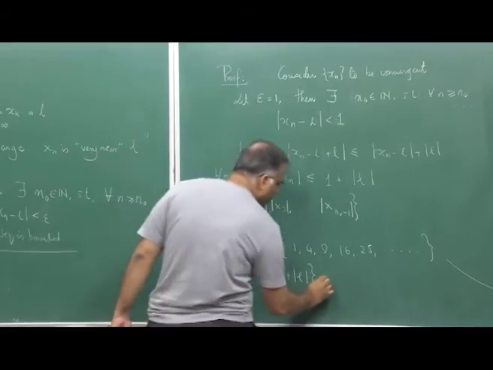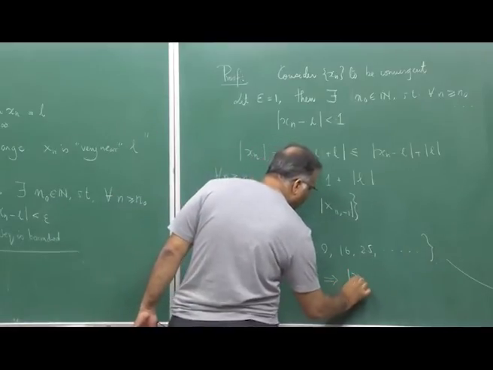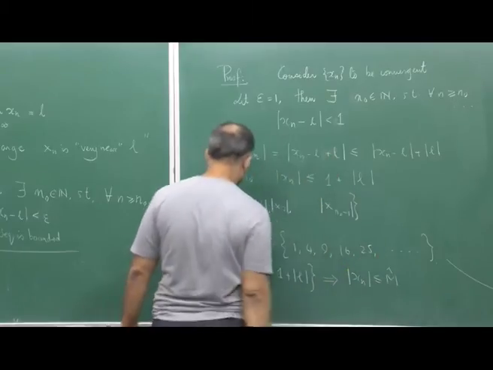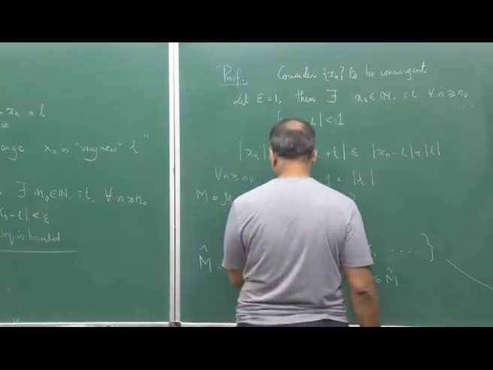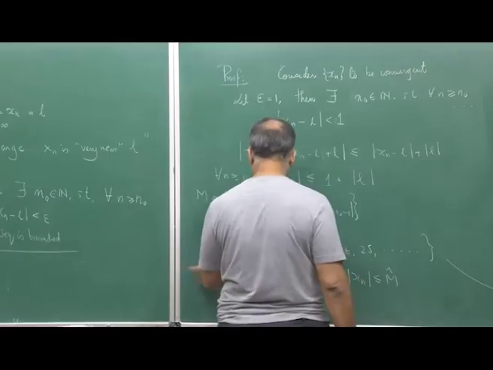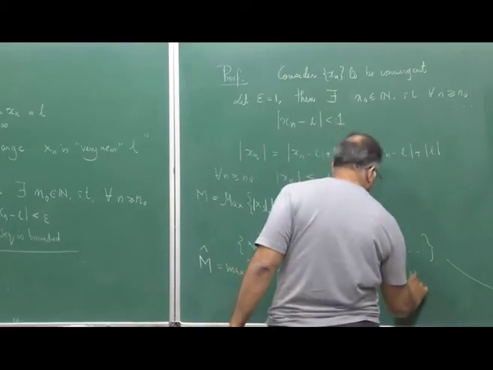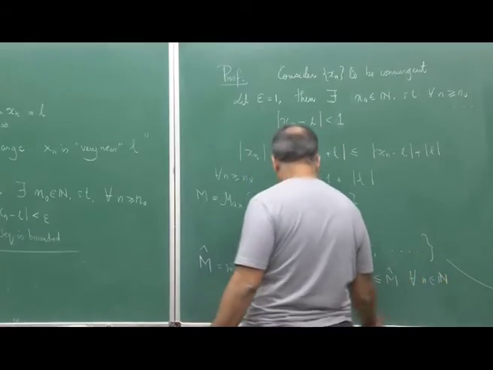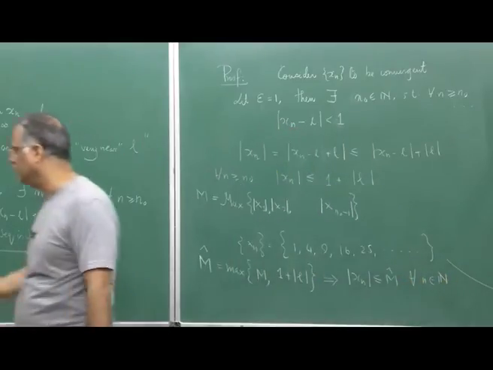So, what have I concluded from here? I have concluded that mod of xn is less than or equal to M hat, because M and M hat are non-negative, for all n an element of N. So, we have proved that it is bounded by the given definition.